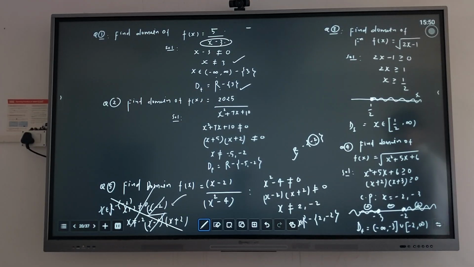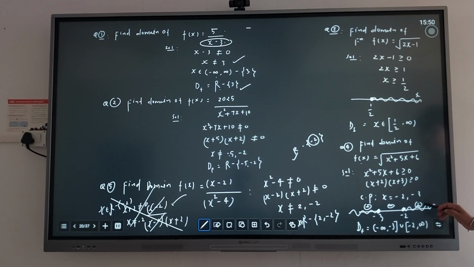The next question is the domain of under root x square plus 5x plus 6. In the same way we can factorize; this function is only valid when the under root quantity is greater than or equal to 0. After factorizing this we can find the two critical points. The critical points are x equal to minus 2 and x equal to minus 3. We plot these points on the real number line, minus 3 comes first, next is minus 2.